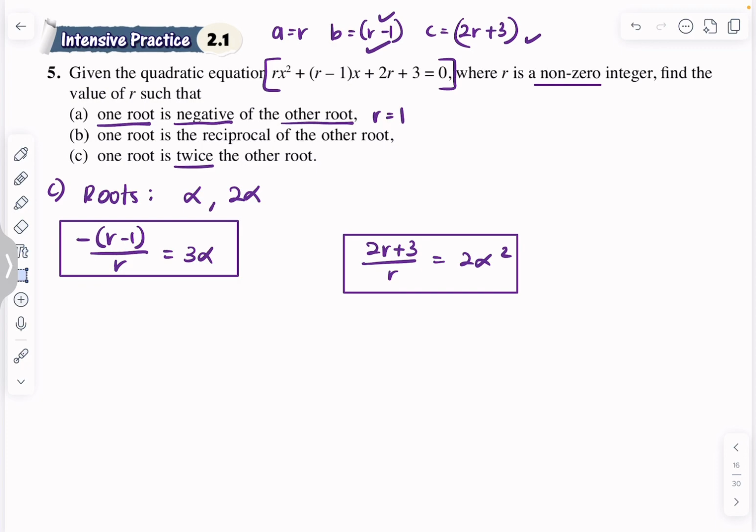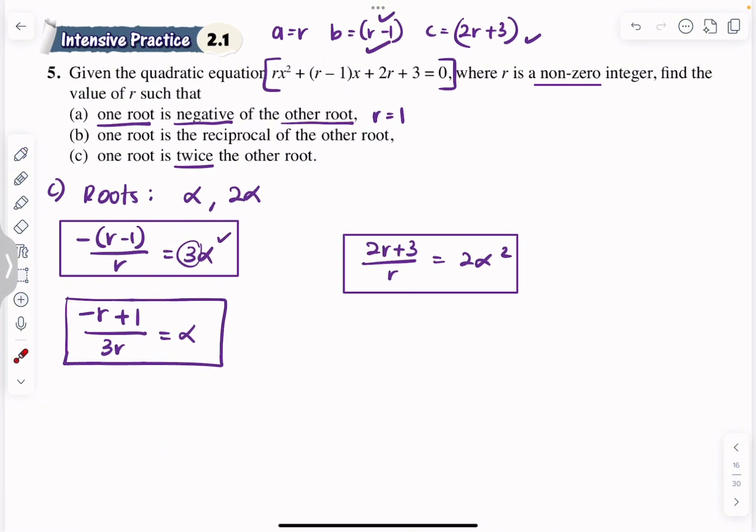Elimination might be a bit difficult, so we try substitution. Okay, what we can do is we can make alpha the subject. So 3 we bring here will become divide, so it will become 3r here. So negative r plus 1 over 3r equals to alpha. So now we got alpha already.